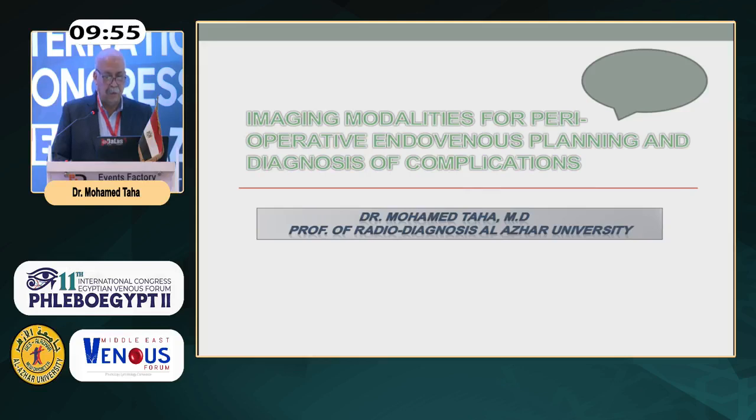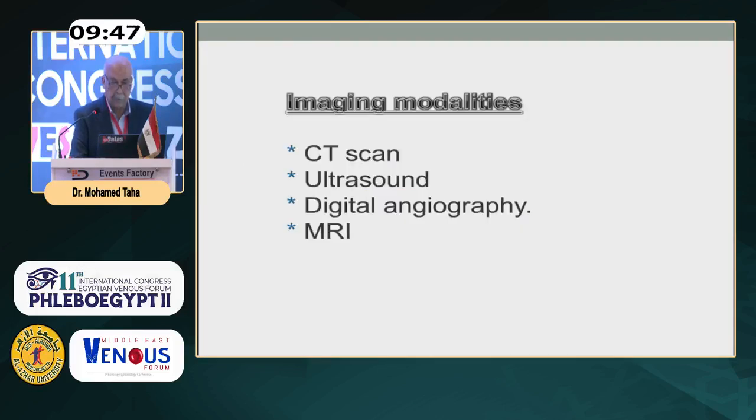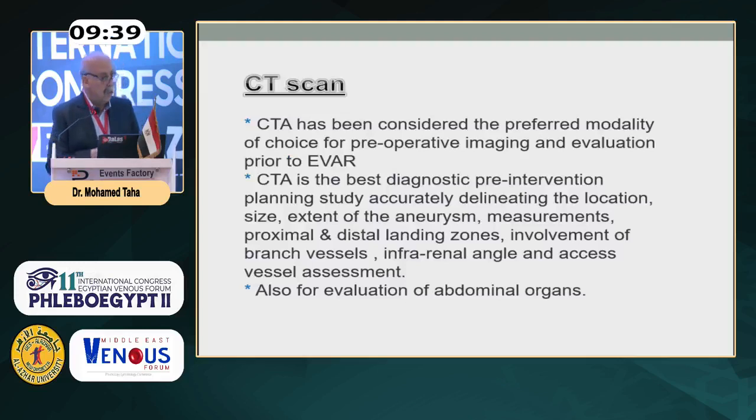Imaging modalities for preoperative endovenous planning and diagnosis of complications: CT scan, ultrasound, digital angiography, and MRI. CTA has been considered the modality of choice for preoperative imaging and evaluation prior to aortic aneurysm repair like EVAR.